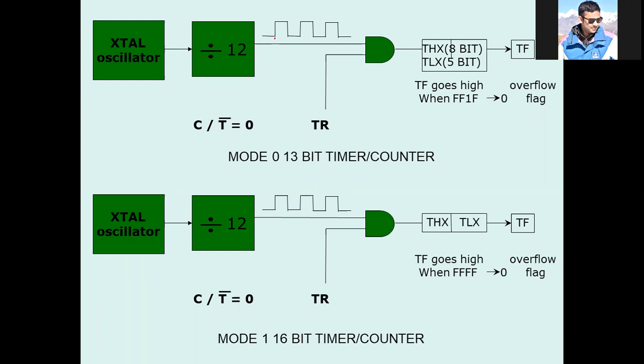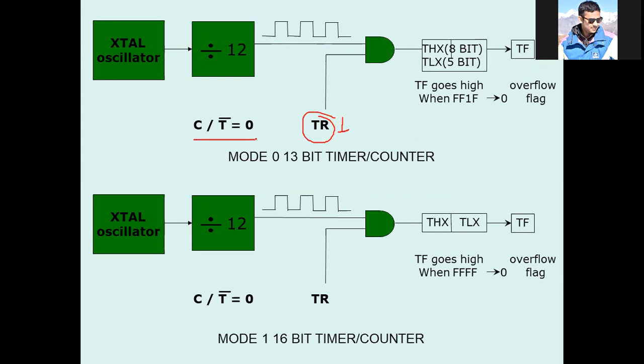from here to here, 1 count. From here to here, 2 counts. From here to here, 3 counts, like this. Understood? So whenever these counts are taken by this timer, whenever this particular bit is set to 1, clear?